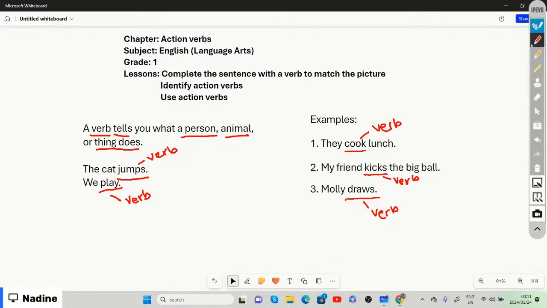If we think of more verbs, I can think of one, which is run, right? So to run, that's a verb. Can you think of another example of a verb?